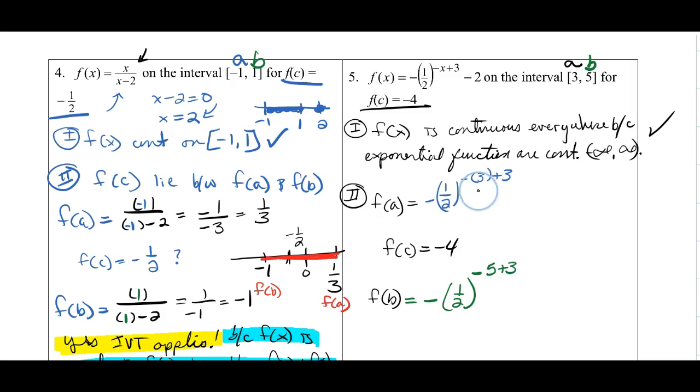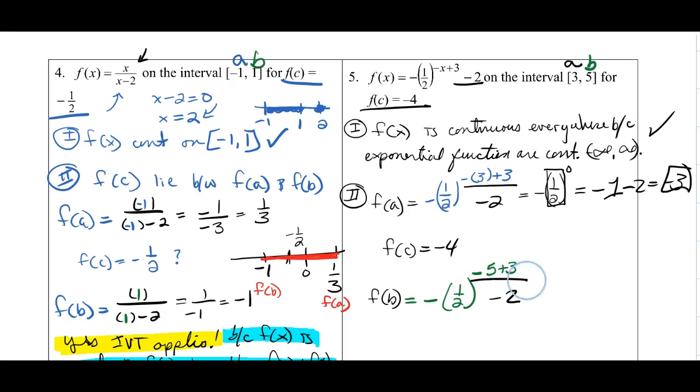And I simplify these. Negative 3 plus 3 is 0. Anything to the 0 power equals 1. Therefore, I get negative 1. Oh, we missed this minus 2. I missed this minus 2. Negative 1 minus 2 equals negative 3. There we go. And here this is minus 2.